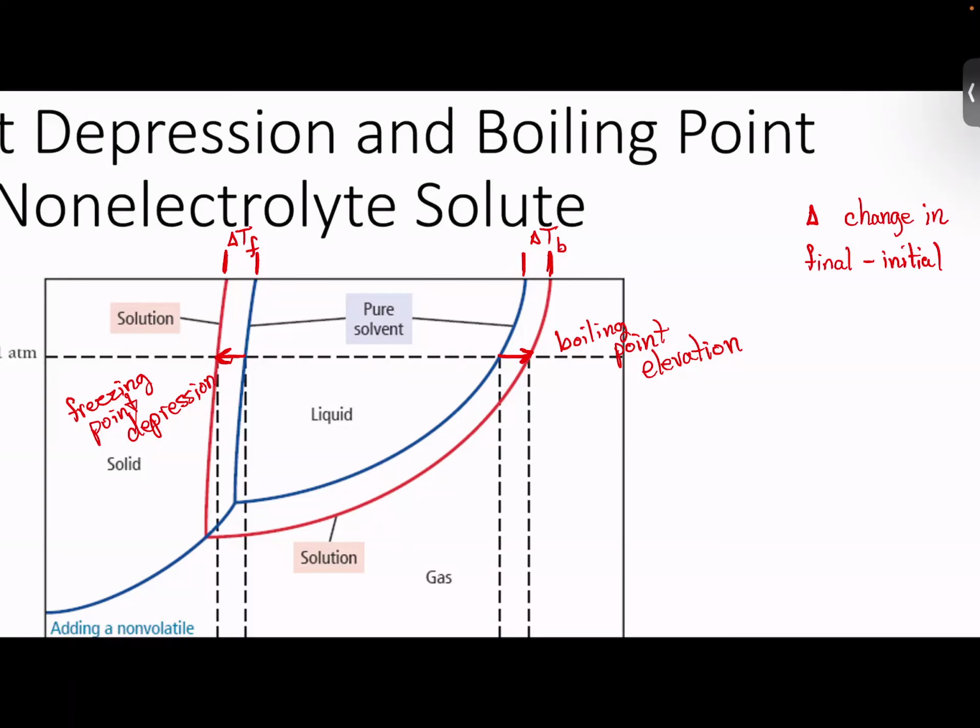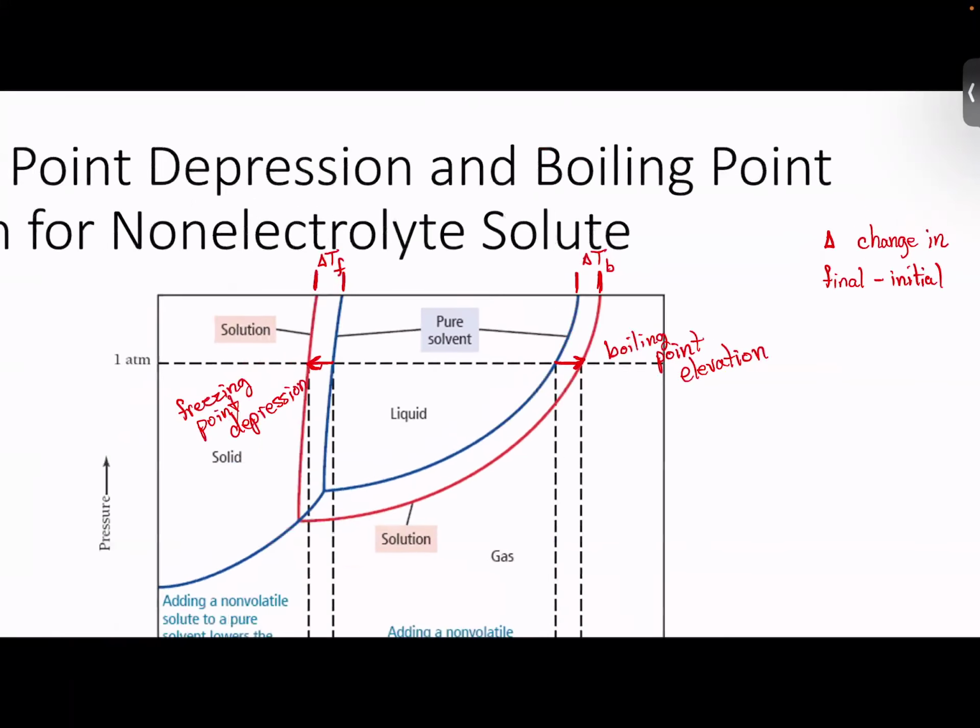So if we're talking about the delta TF, we're talking about the final freezing point minus the initial freezing point. It's the final minus initial.